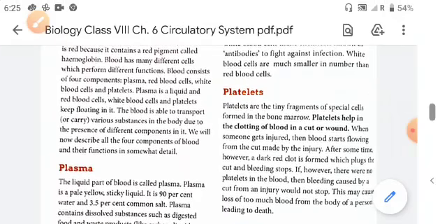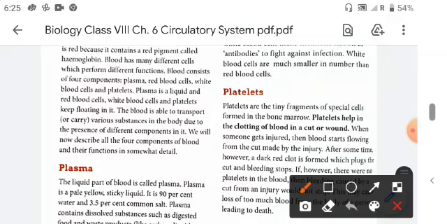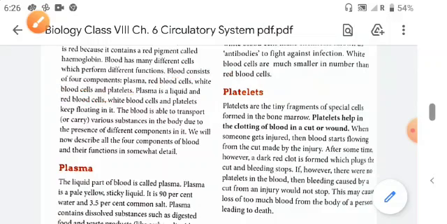Blood consists of four components, and those four components are plasma, red blood cells, white blood cells, and platelets. Plasma is a liquid, and red blood cells, white blood cells, and platelets keep floating in it.